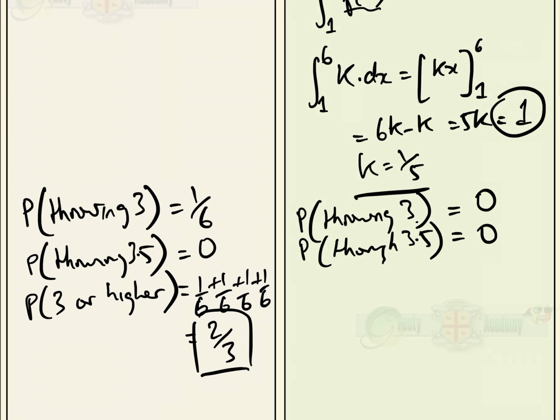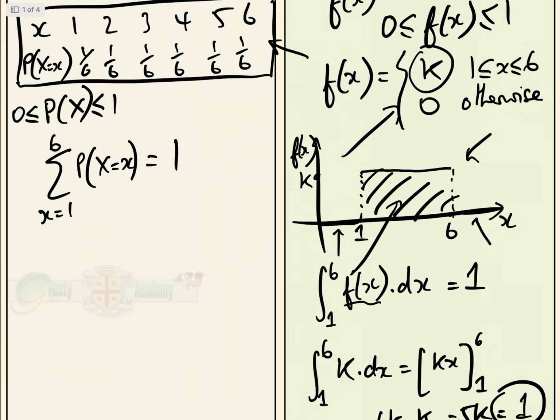On our continuous random variable, we have to look at the area under our probability density function curve between 3 and 6. That is the probability.